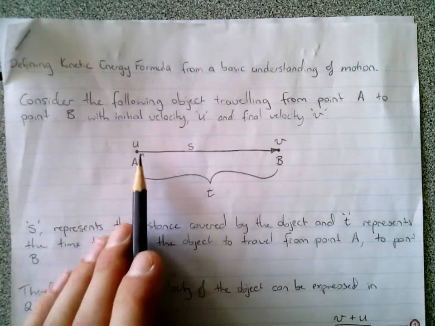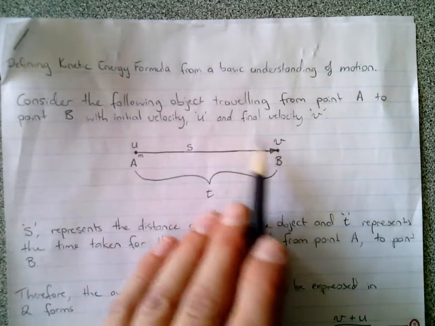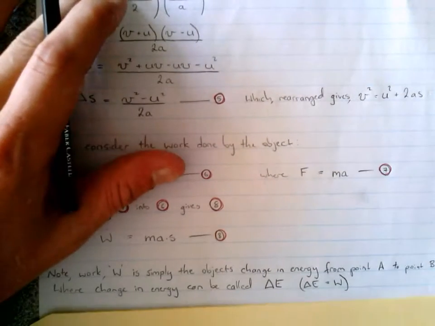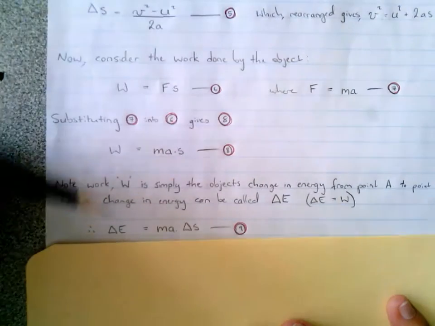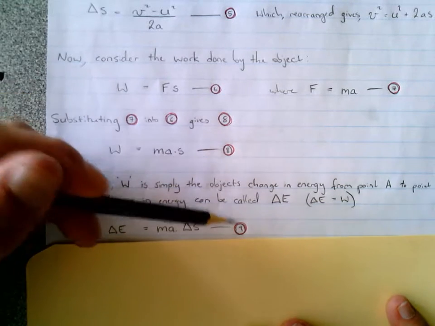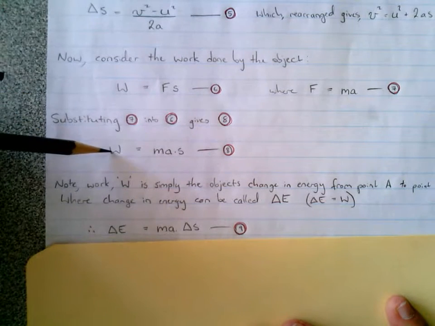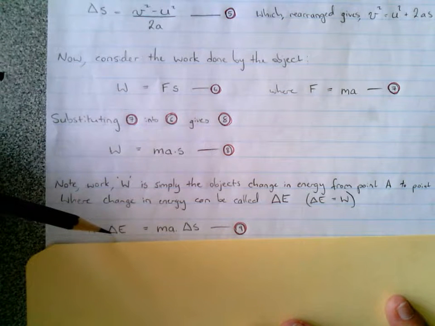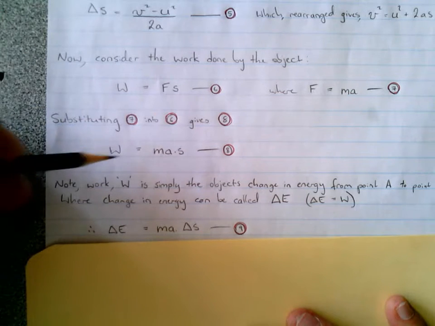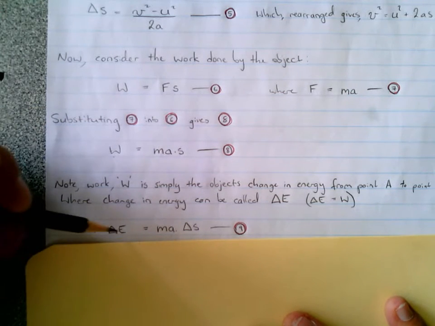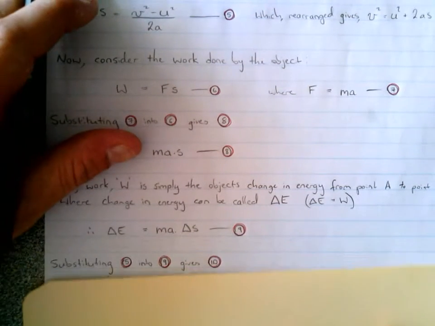So how much energy was used to get from point A to point B is what we define as work. To get from equation 8 to equation 9, I've just recognised that work is a change in energy. So work is the same as an energy change, and the units for work will be joules, just like energy. Now I'm at equation 9.